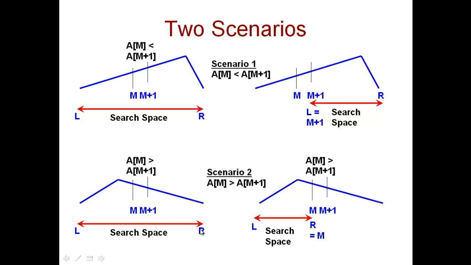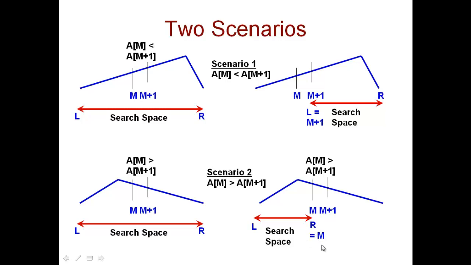So this is the time where we can move the right index to the left, and we can set that to be the middle index value, because again we want to satisfy the invariant that the maximum could be anywhere starting from left index to the right index. Since the value at the middle index is greater than the value at the middle index plus 1, the right index cannot be middle index plus 1, it can be moved further to the left all the way to the middle index. So we set the right index equal to the middle index.